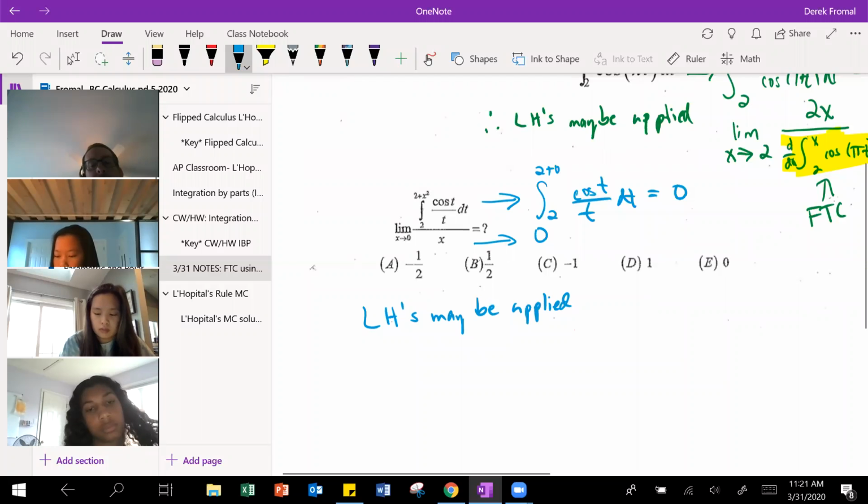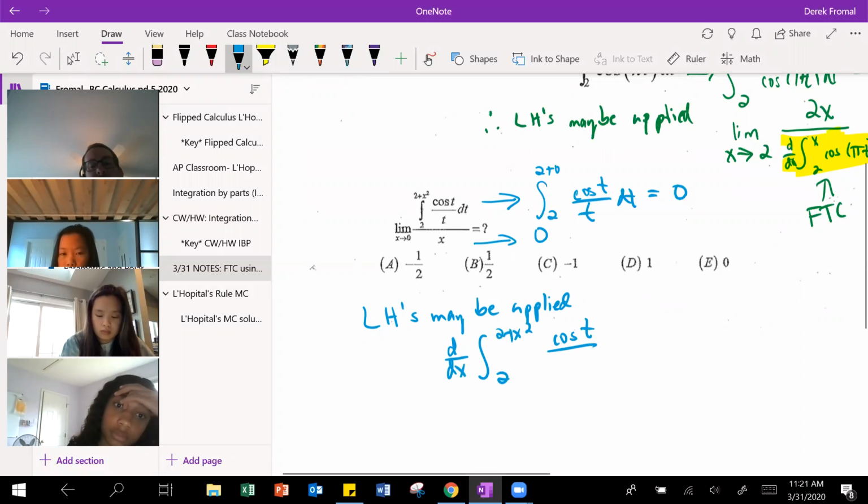And now I'll go through the exercise like I did before of taking the derivative of that integral. Now this one's a little bit more complicated than the last one, because when I take the derivative of the integral, notice that this right here is actually going to be fundamental theorem with chain rule.